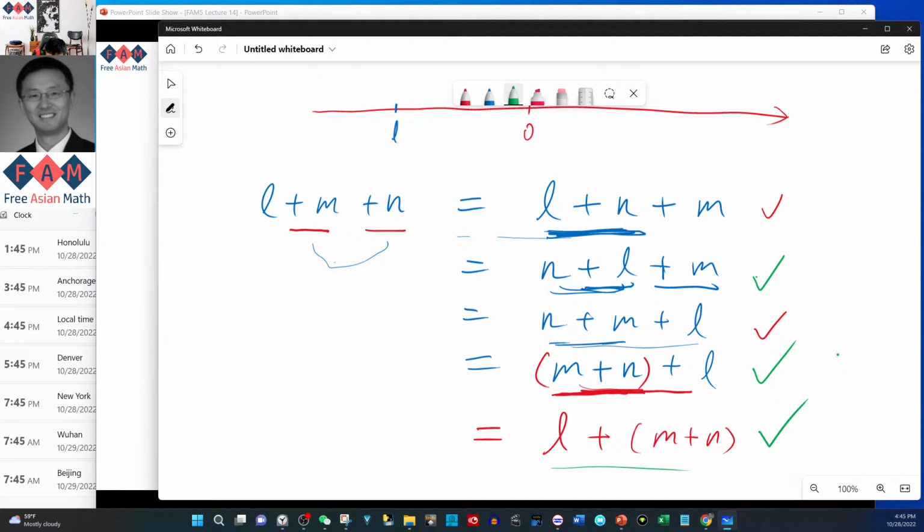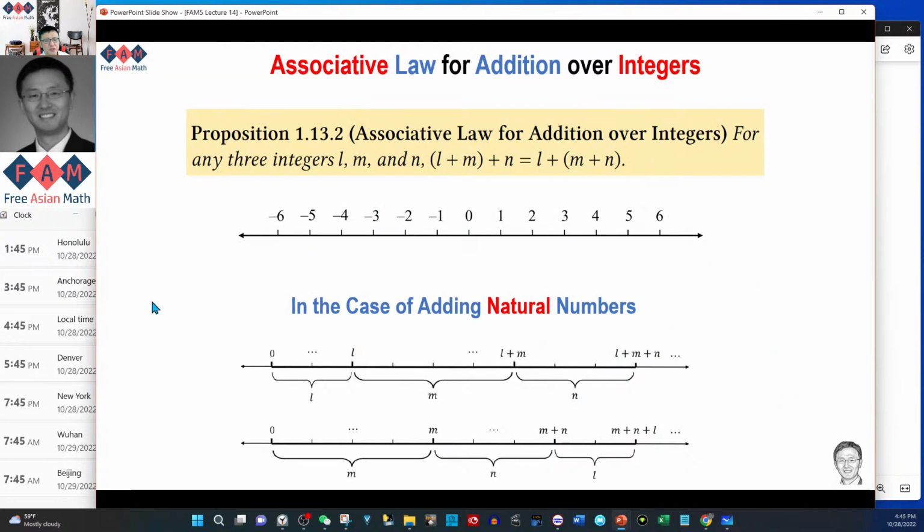This is exactly what we want to show, the associative law. So this is a very interesting consecutive application of some result or reasonable argument that we have established for some seemingly more complicated situation. So this is the associative law for addition over integers with three arbitrary integers, any three integers, no constraint on the nature of those numbers.